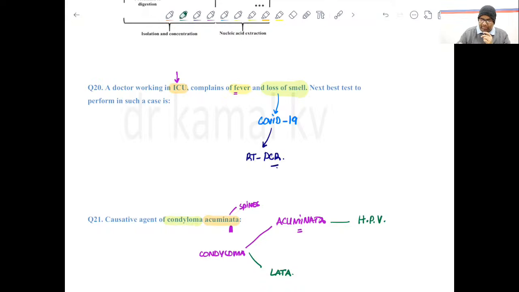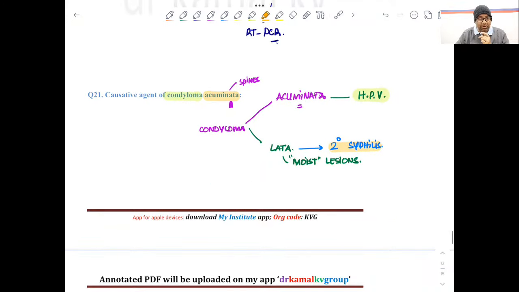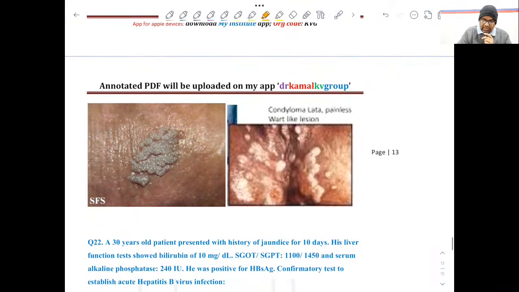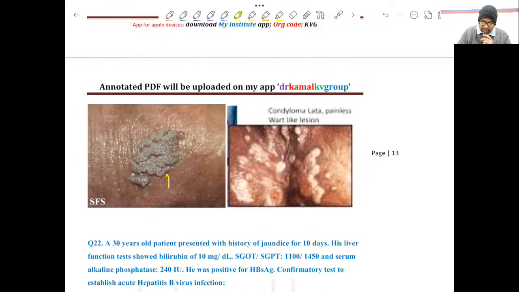So acuminata is a viral condition, and condyloma lata is seen in secondary syphilis. Clear? And these are actually moist lesions in the perianal area. So please remember the difference between condyloma acuminata and condyloma lata. Both are separate entities. One is viral and another is bacterial. Clear? So don't mix up, and this is the purpose of this particular question. So here you can see this is condyloma acuminata.